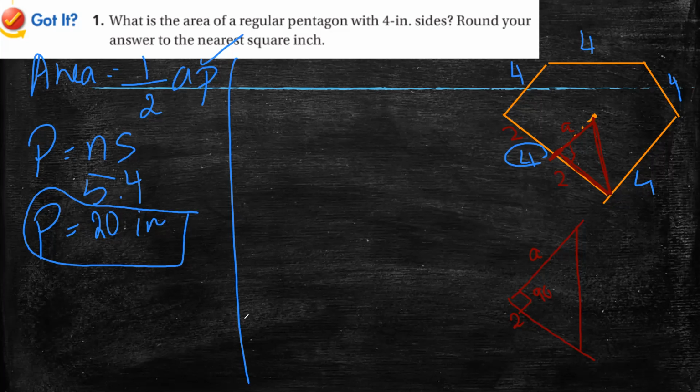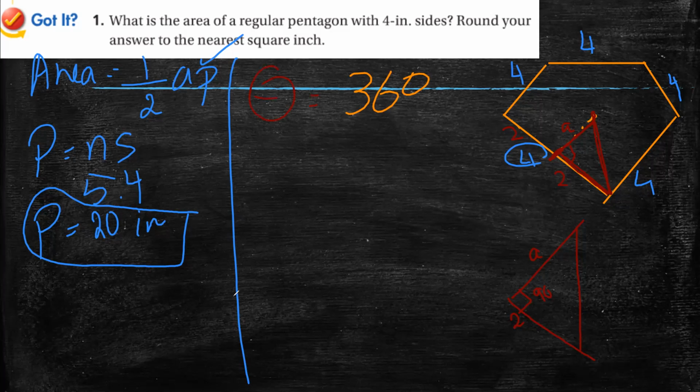To find an angle, as we said in the previous lesson, we have to find the angle of the center. To find the angle of the center, we have to divide 360 by the number of sides. How many sides does the pentagon have?